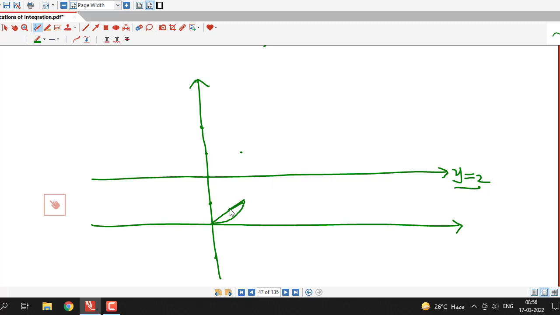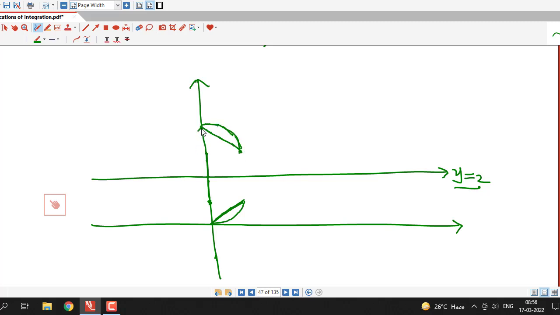So first we take mirror image of this about the line y equal to 2, and we can see this is at distance 1. So we have to go up to 1 distance above the line y equal to 2, and mirror image will be this type of line segment for this. Similarly, mirror image of parabola may look like this.